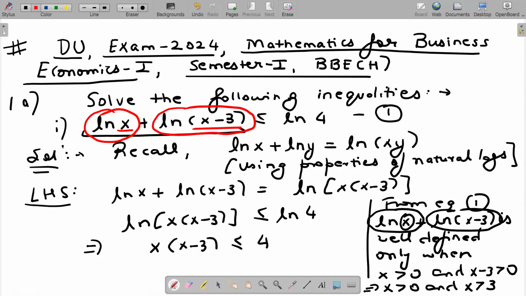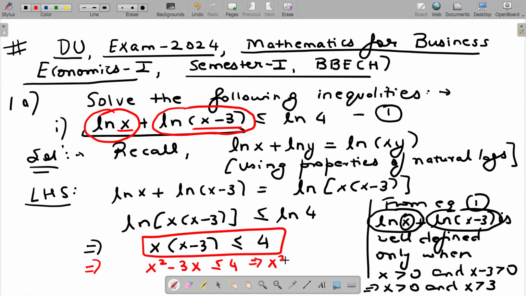So now I can further solve this inequality. This implies that x square minus 3x should be less than or equal to 4, which implies x square minus 3x minus 4 less than or equal to 0. Now I can use the middle term splitting to solve it further.